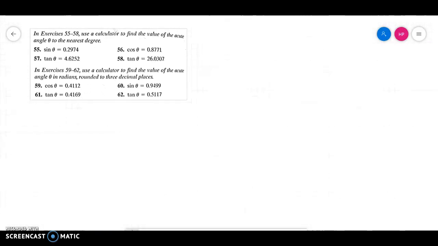So the last one we actually have to solve. What if we don't know the side lengths? And we instead just have their ratio and we're trying to find the angle measure. So to solve, we can't just multiply, divide, subtract. That's not how we undo trig functions.